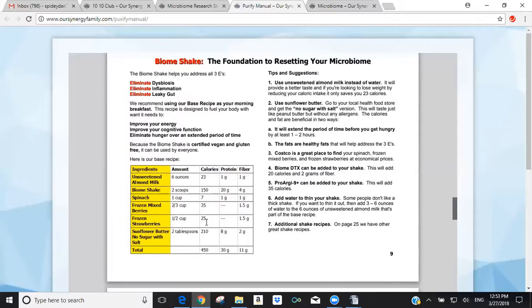So it's really important to get good at making a biome shake because it's an integral part of helping you exercise this microbiome marketing strategy so that you have customers who are continuously buying product to grow the CV on your tracking center 1, which then allows you to earn commissions, elite rebates, cash flow.